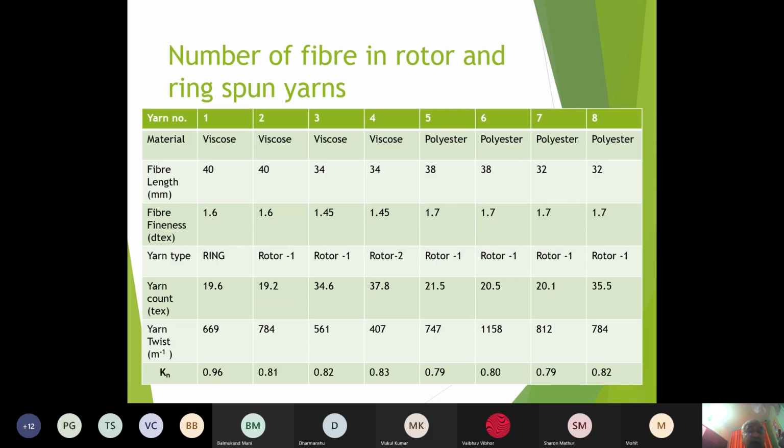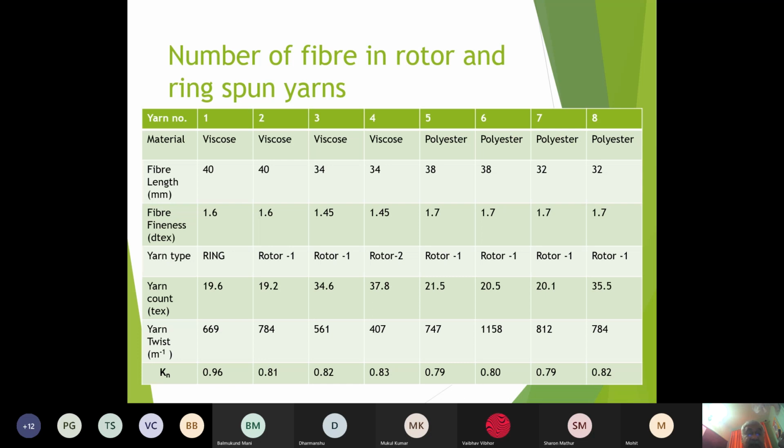This is the case of rotor spinning system versus ring spinning system. Here I have used viscose fiber and polyester fiber. So this is my ring yarn, and here I have this rotor yarn. Here you see the value of Kn. Kn in case of ring yarn is more in comparison to the yarn which we made on the rotor spinning system.